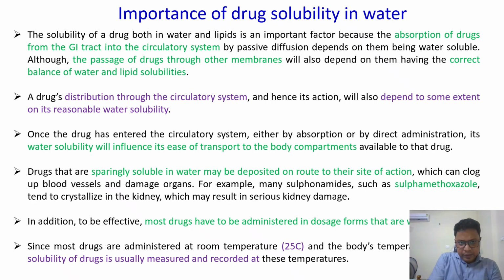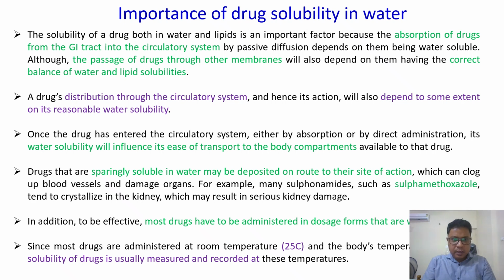The solubility of a drug, both in water and lipid, is an important factor because absorption of a drug from the GI tract, the gastrointestinal tract, into the circulatory system by passive diffusion depends on it being water soluble. Although the passage of the drug through other membranes will also depend on it having the correct balance of water and lipid solubilities.